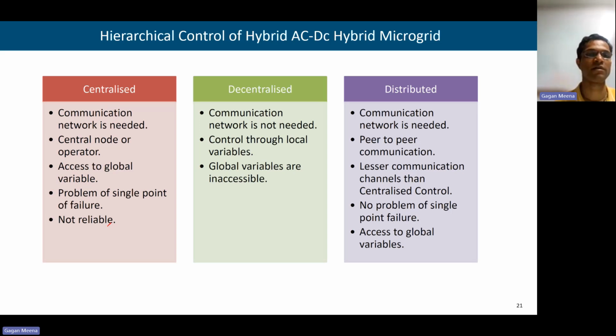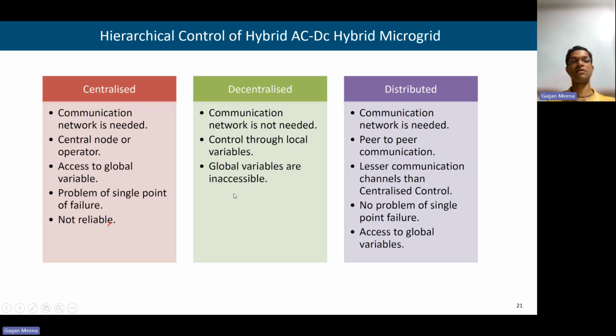Decentralized: a communication network is not required. Control is through only local variables, and global variables are inaccessible here. Distributed is in between centralized and decentralized. In decentralized, there is no knowledge about the global variables, and it only controls the local variables.